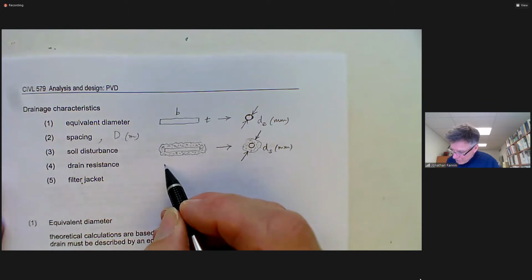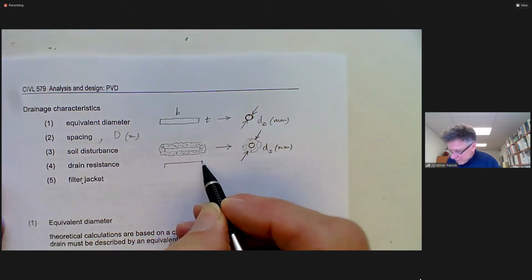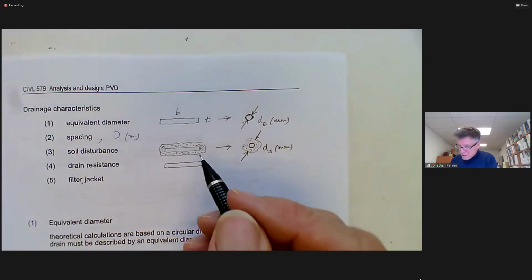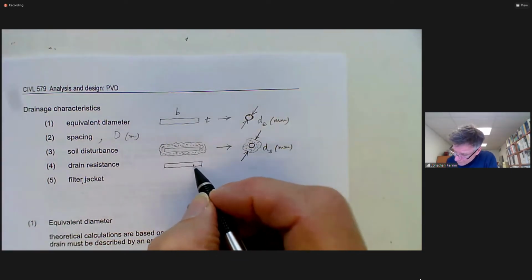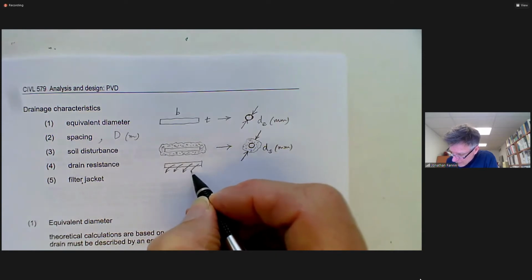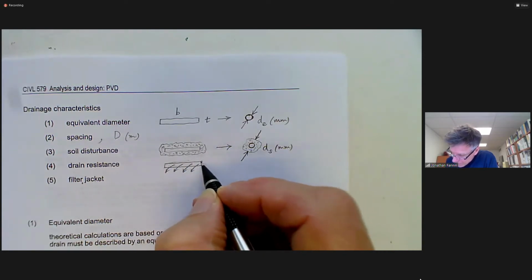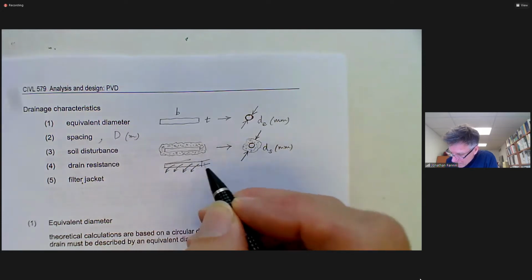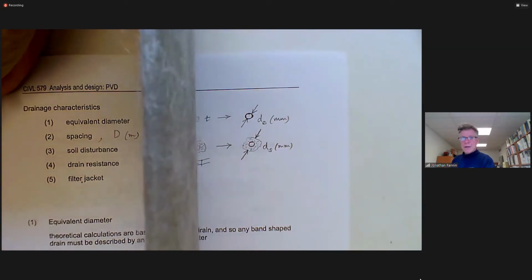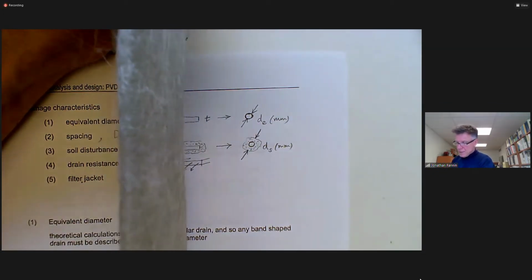And then there's a question of whether or not the drain itself offers resistance to flow. How free-flowing is our drain? I've drawn it horizontally. And this includes, for example, and I'll try to illustrate it here.